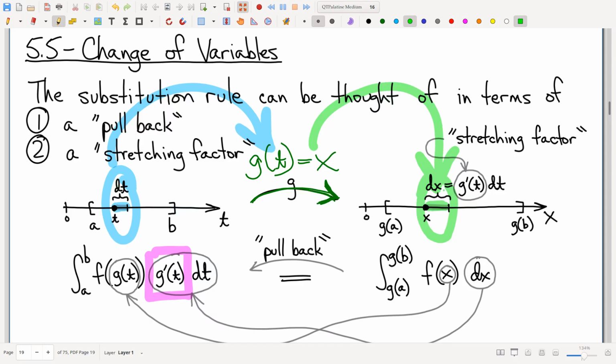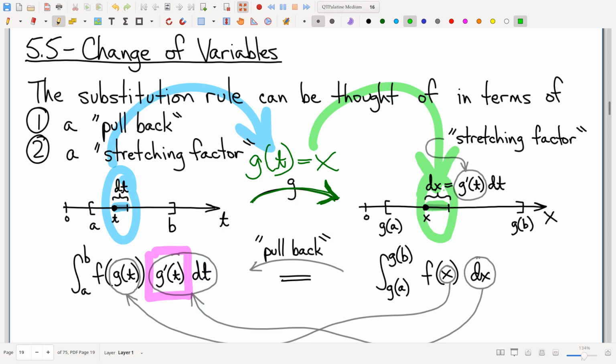They're not the same. Right? This function g, maybe all the numbers get multiplied by 7. Maybe, right? Then this interval will be 7 times as big. They're definitely not the same size, generically. Okay, so how can I think about the relationship between the blue dt and the green dx?